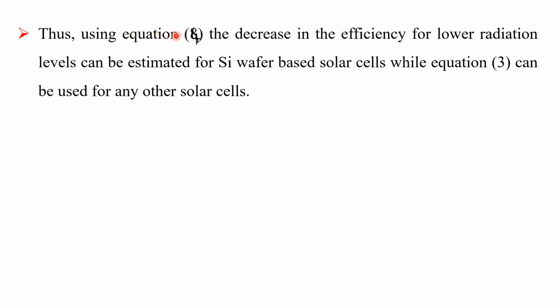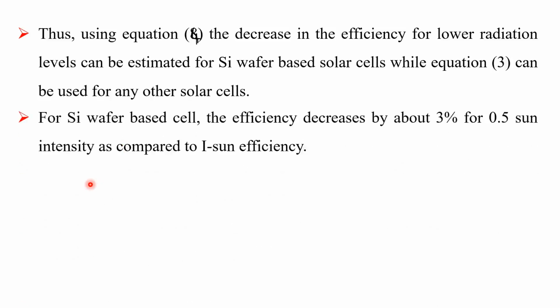Thus, using equation number 4, the decrease in efficiency for lower radiation levels can be estimated for silicon vapor phase solar cells, while equation number 3 can be used for any other solar cells. For silicon vapor phase cells, the efficiency decreases by about 3% for 0.5 sun intensity as compared to the 1 sun efficiency.